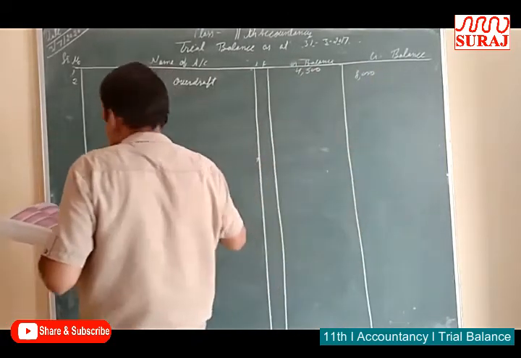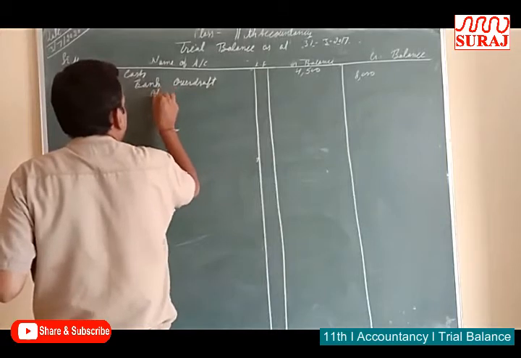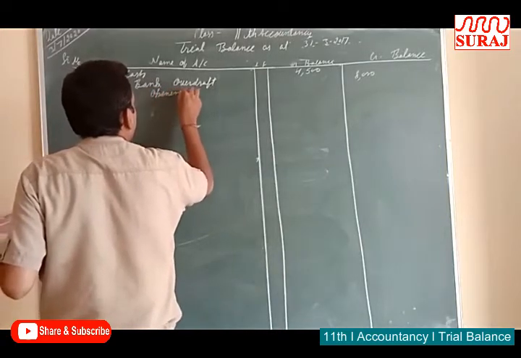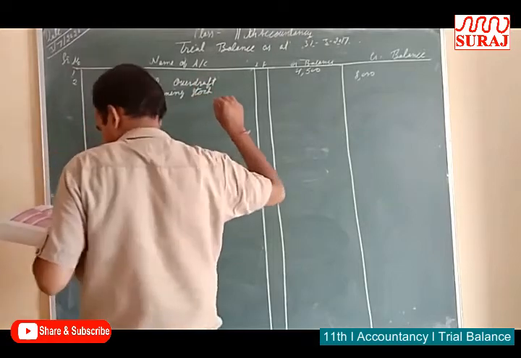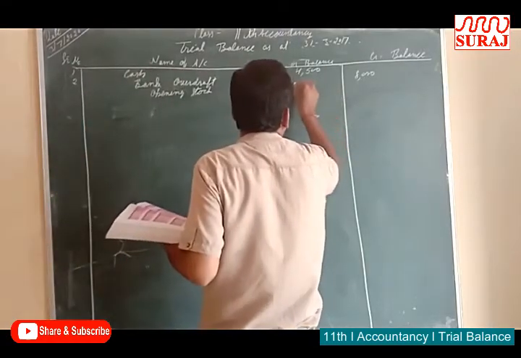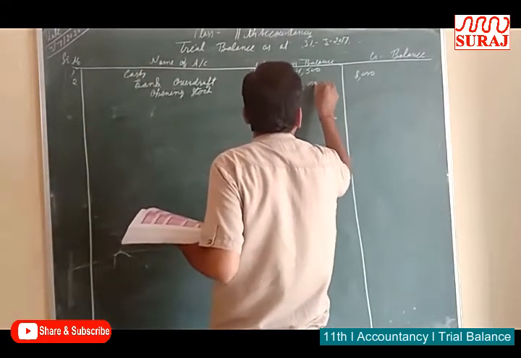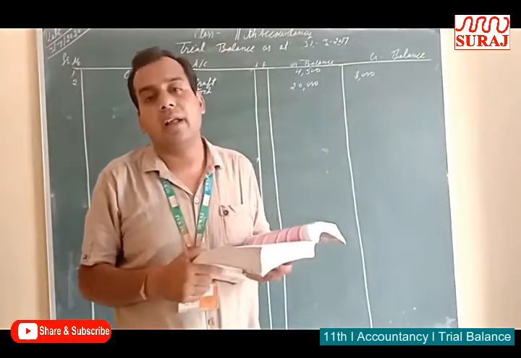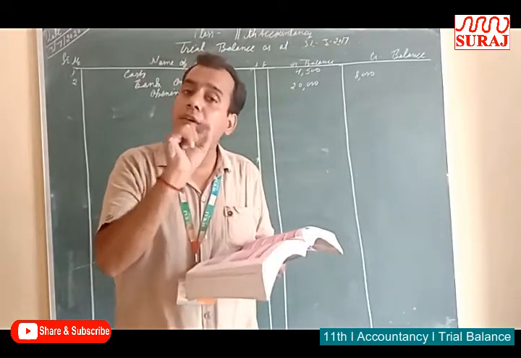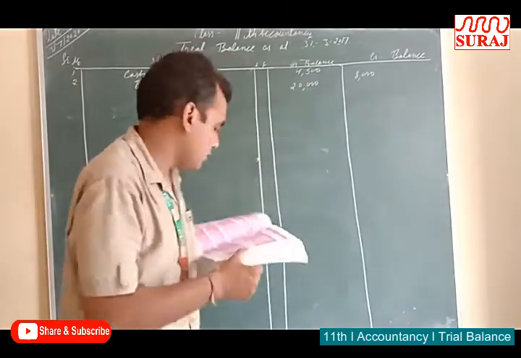Next, opening stock, an asset, debit balance: 20,000. Dear student, remember that opening stock is an asset with debit balance. Closing stock is never shown in the trial balance.